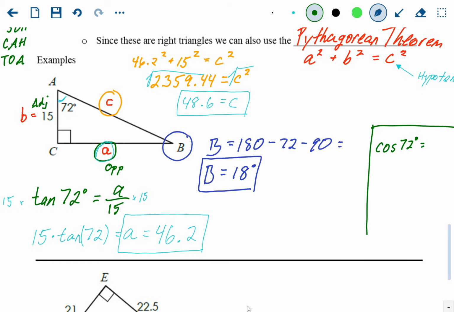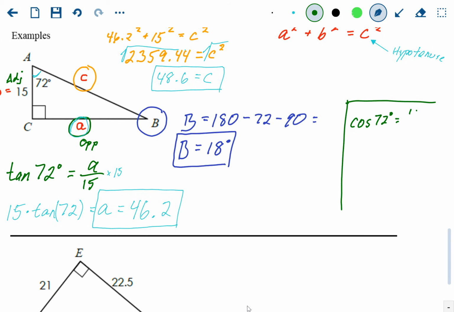The adjacent side was 15, and we don't know the hypotenuse. Remember, if you have a variable in the denominator, you just switch these two positions. So side C should equal 15 divided by cosine of 72. And you get the same thing. It's a little off, a little rounding error, but 48.5. So you get the same answer, just a different method.